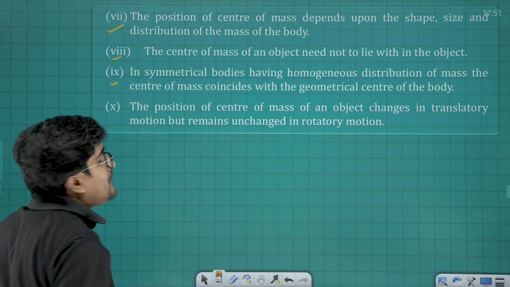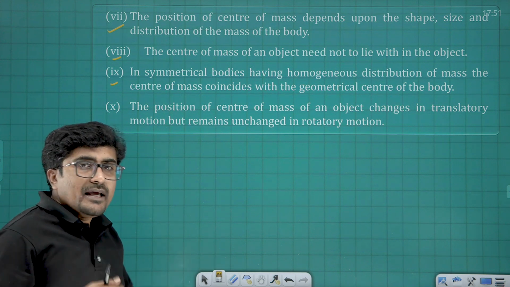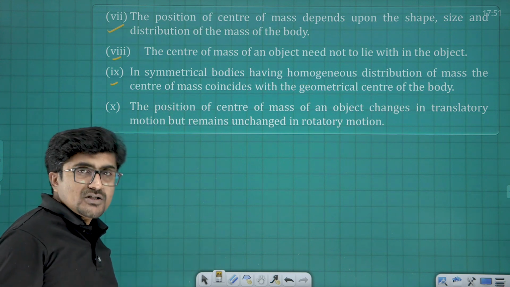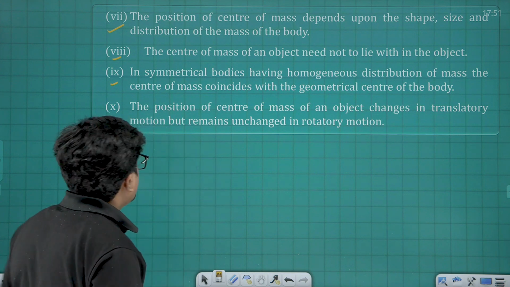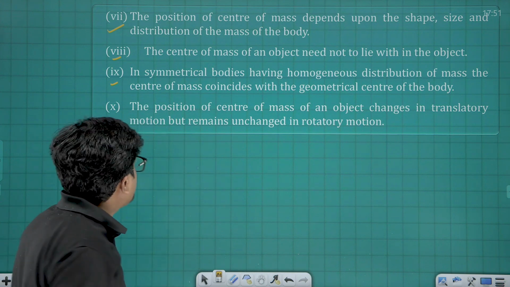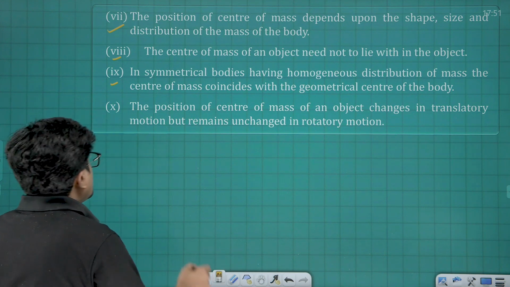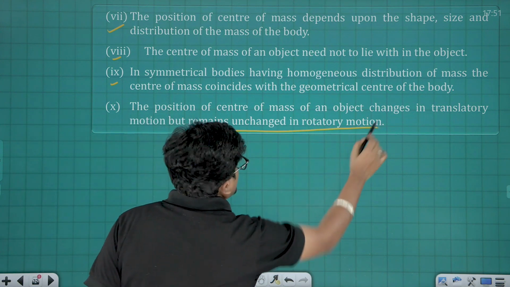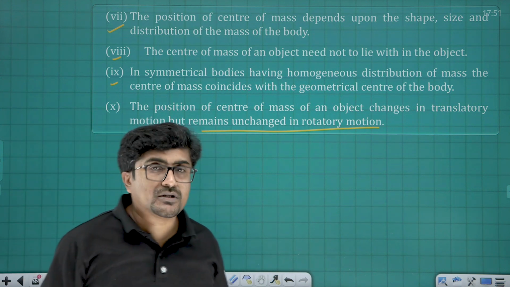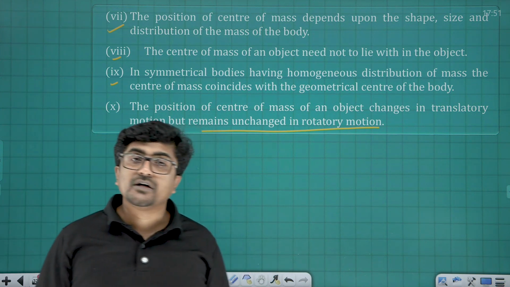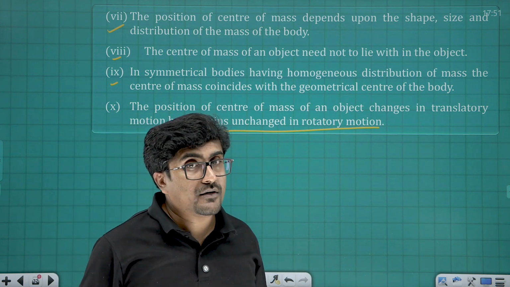The next one, in symmetrical bodies, I mean in case the body has a symmetrical mass distribution, the geometric center itself is going to be the center of mass. And the last one, the position of the center of mass of an object changes in translatory motion but remains unchanged in rotational motion. That is very, very, very important. In translational motion, the position of the center of mass can change, but in case of rotational motion, it does not.